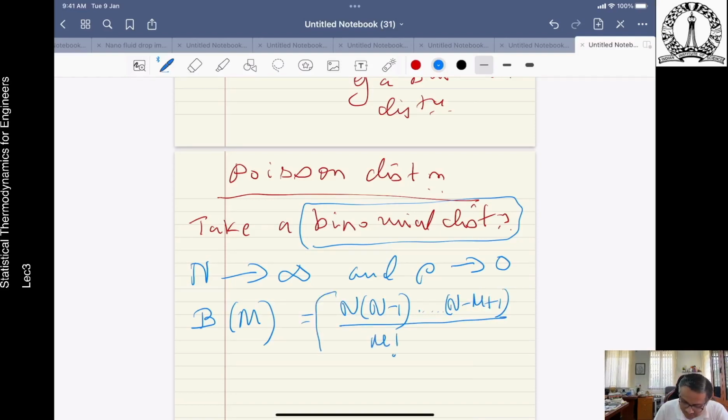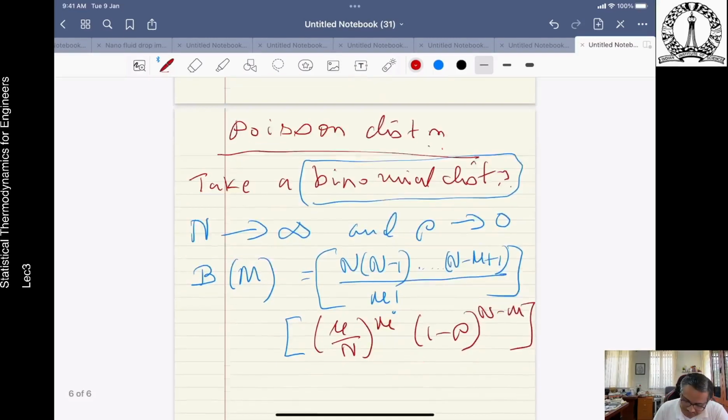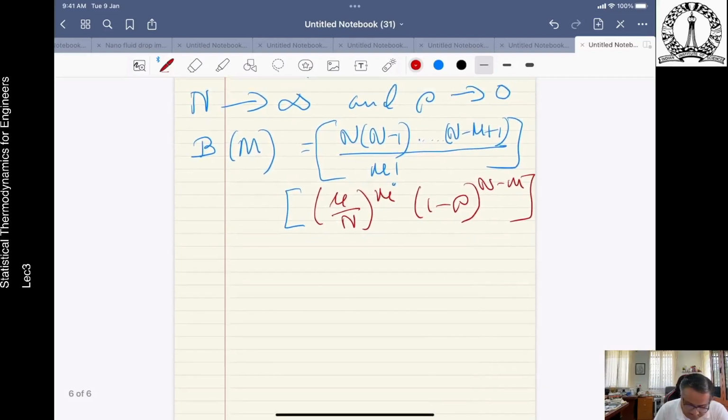This entire thing is then multiplied by mu to the power of m and 1 minus p raised to the power of n minus m, where mu is equal to m bar, which is equal to np. So this is basically the mean.